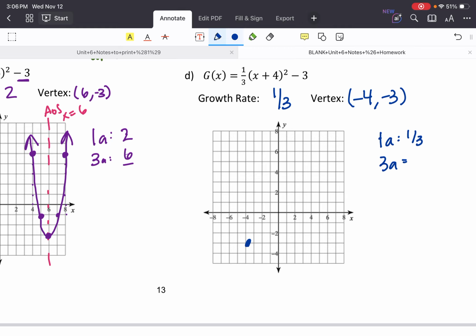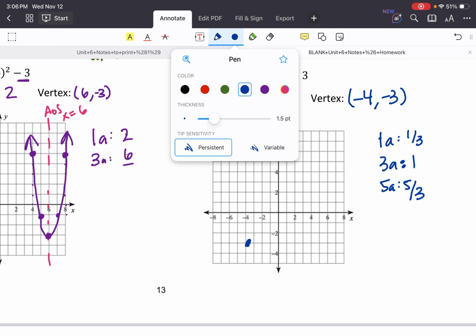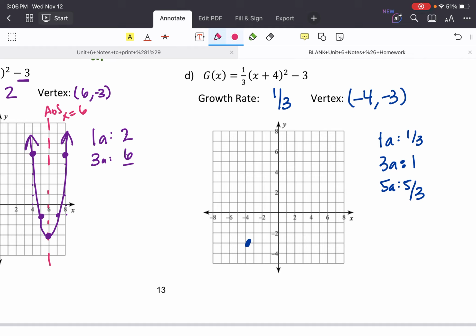My 3a growth rate is 1. If I do 5a, I get 5/3. Those numbers aren't particularly helpful, so sometimes we have to think about what we could put in there.